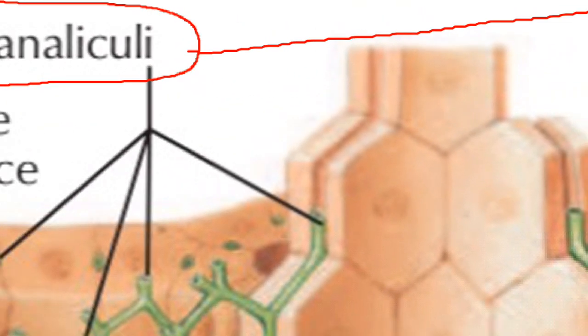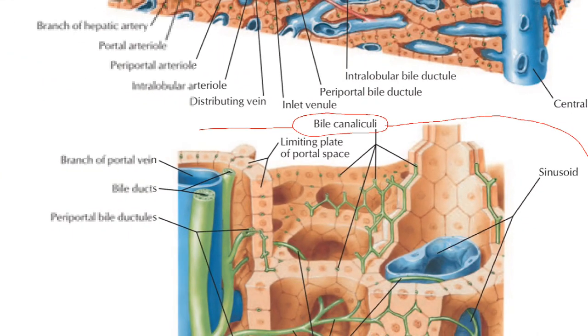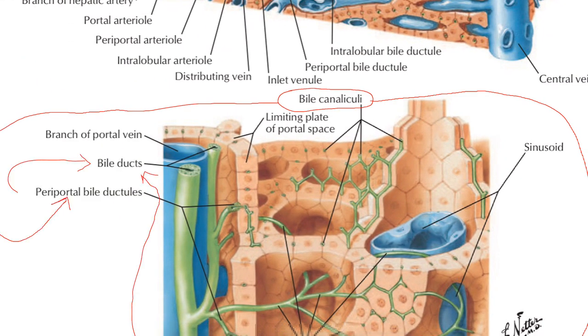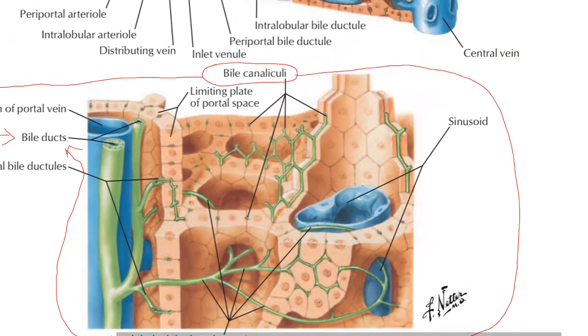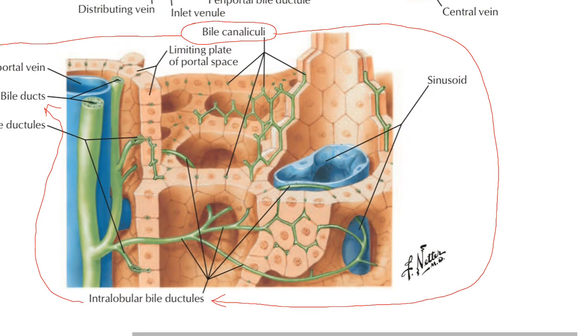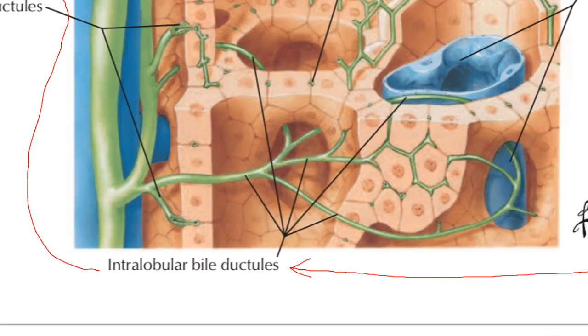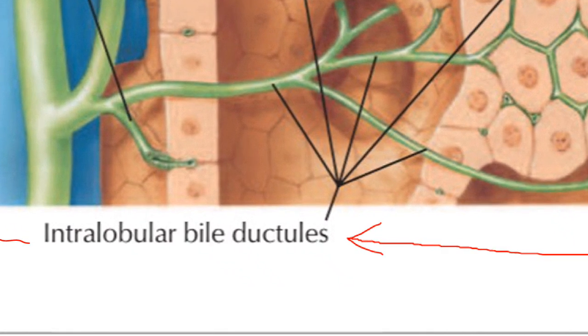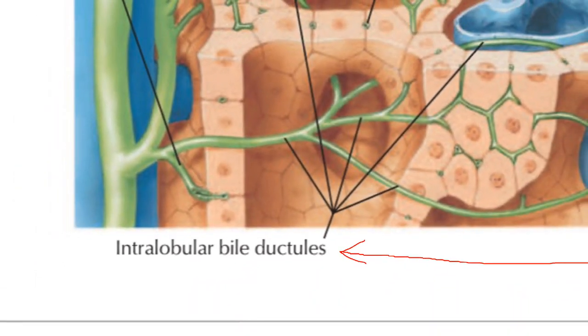In the groove, this green colored minute duct is present, and this green colored minute duct is known as the bile canaliculus. And with the arrows I am showing you, both red colored arrows, left and right, you will find that the bile canaliculi are opening into the intralobular bile ductule, and this is a ductule. So canaliculi are merging with the ductules.